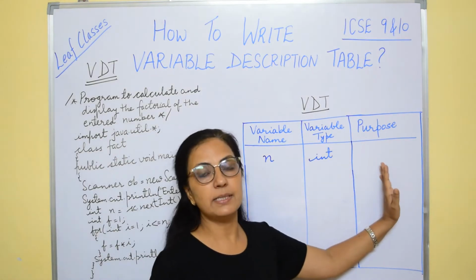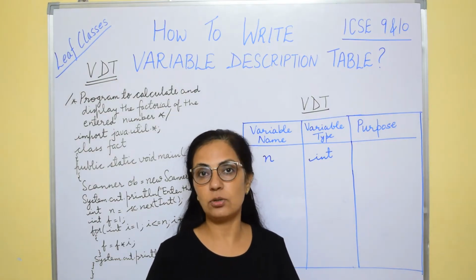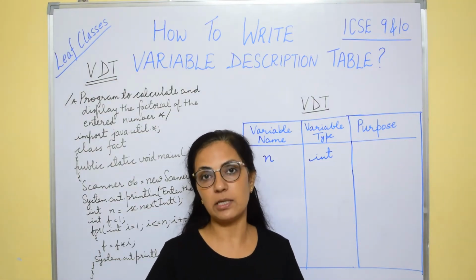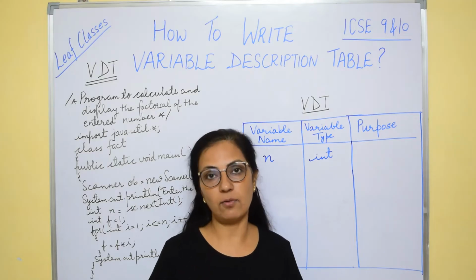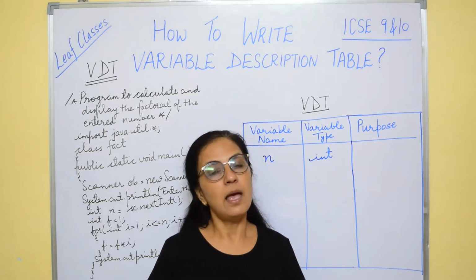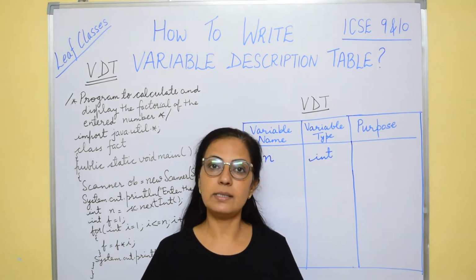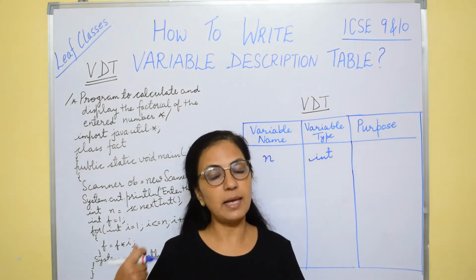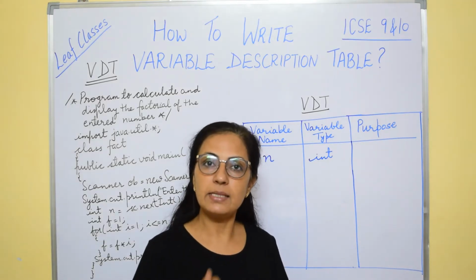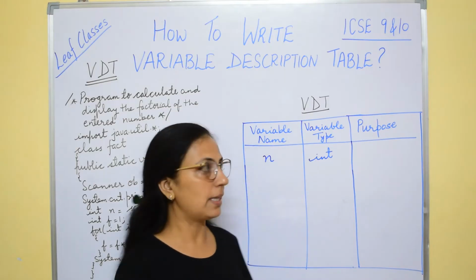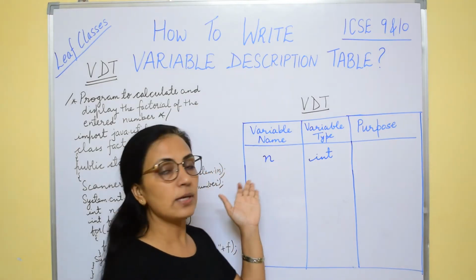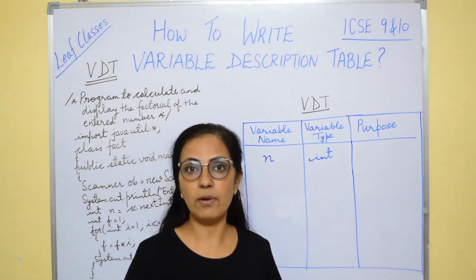Now for purpose, there is no hard and fast rule that you have to follow any particular statement or language for writing the purpose. But whatever you understand for which purpose you have taken that variable in the program, simply in English language you can write that. Suppose here I have taken n for entering the number from the user.